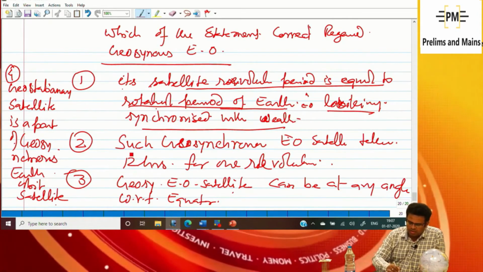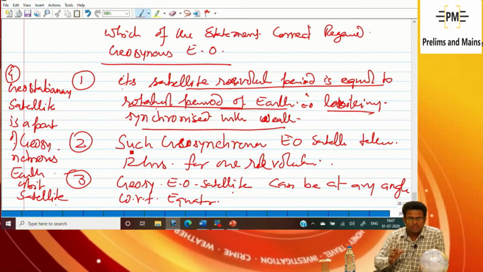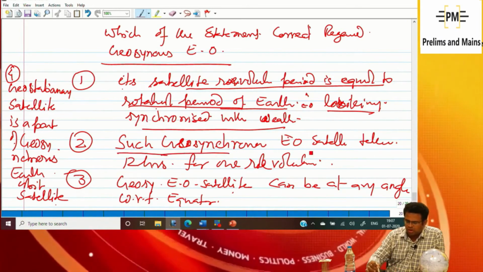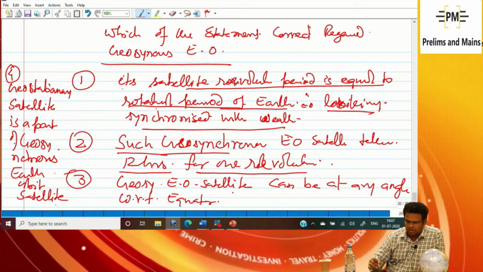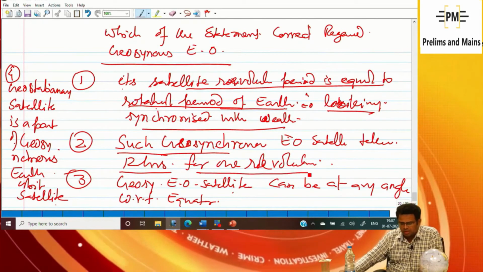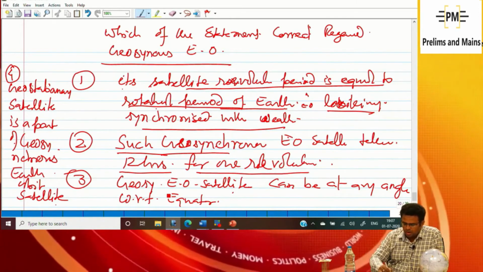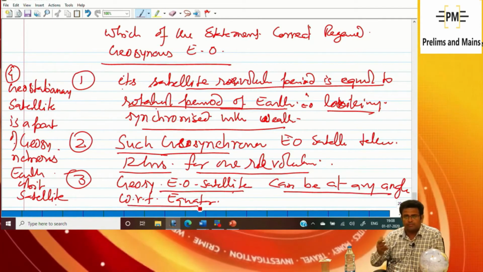Second statement, you have to tell which statements are correct. We have to say which statements are correct. Such geosynchronous earth orbit satellite takes 12 hours for one revolution. Third statement, geosynchronous earth orbit satellite can be at any angle with respect to equator.